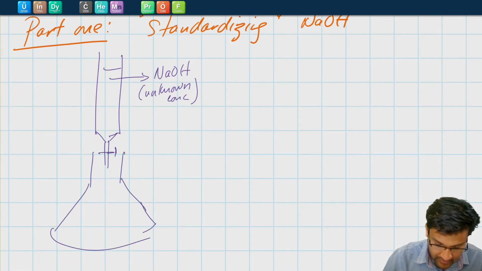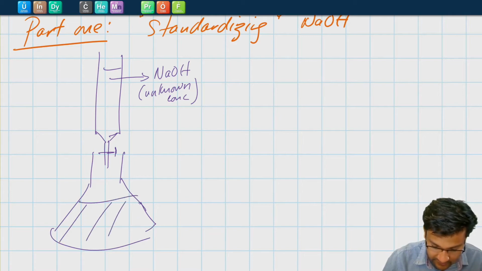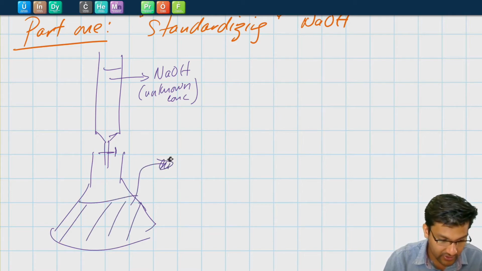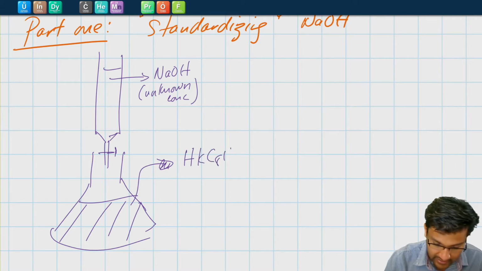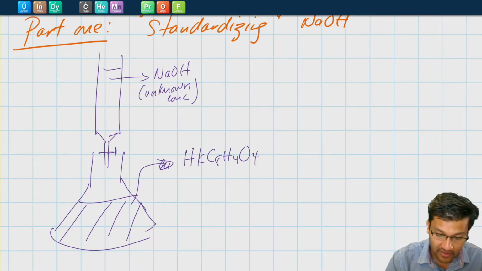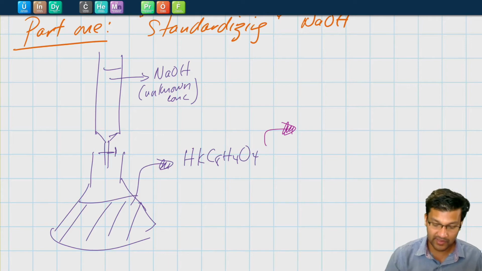And our job in this first part is to find the concentration of NaOH. In our little Erlenmeyer flask, the acid I'll be using for this is going to be HKC8H4O4. And in order to know exactly how much of the acid that we have, we're going to use an amount measured in grams, because this is going to be a solid acid that we dissolve in water.